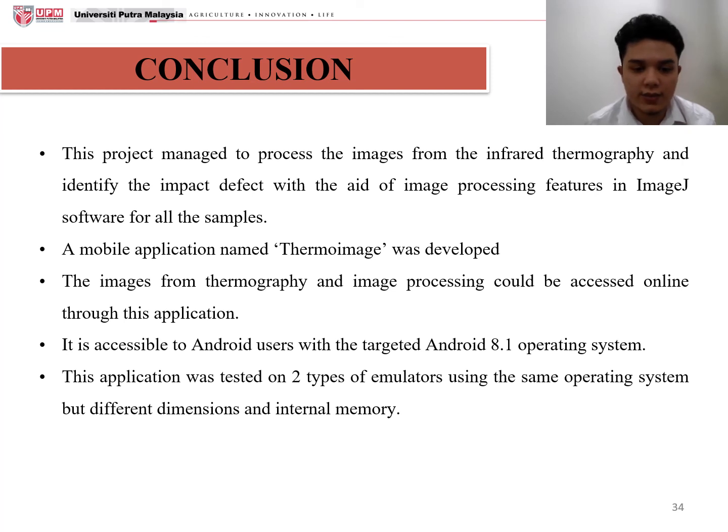The images from thermography and image processing can be accessed online through this application. It is accessible to Android users with the target Android 8.1 operating system. And last but not least, this application was tested on two types of emulator using the same operating system but different dimensions and internal memory.